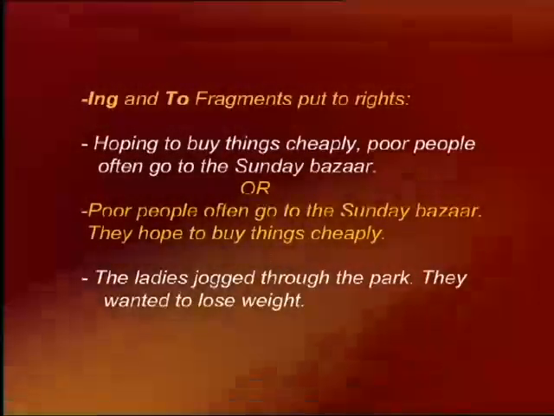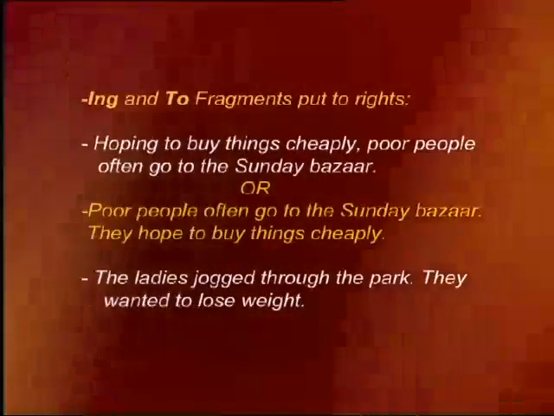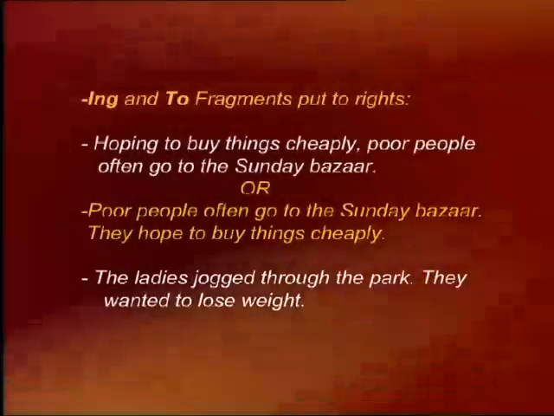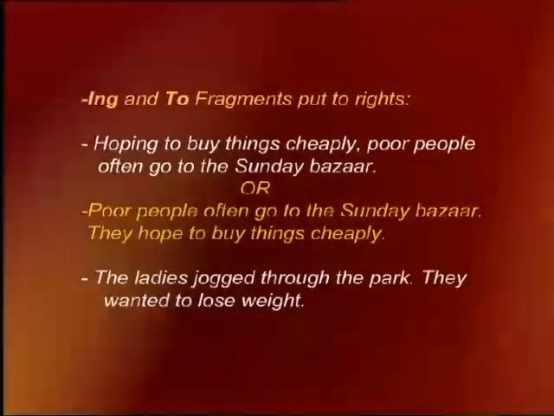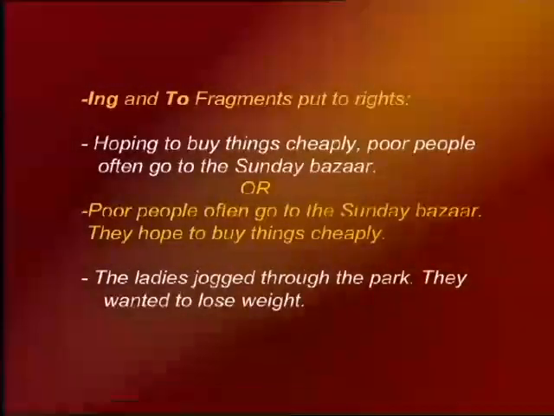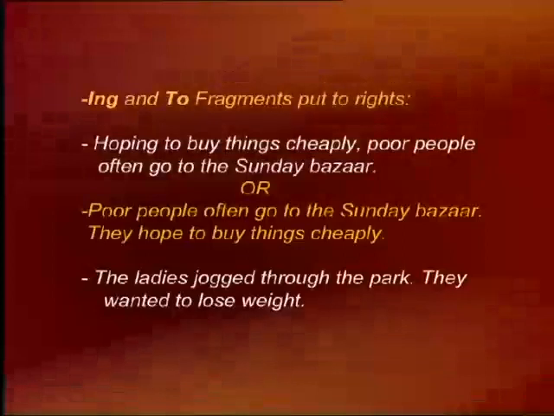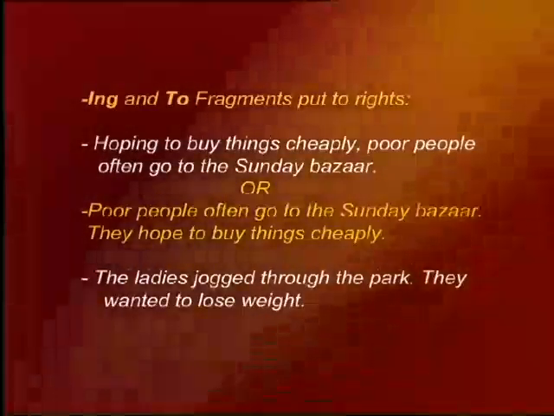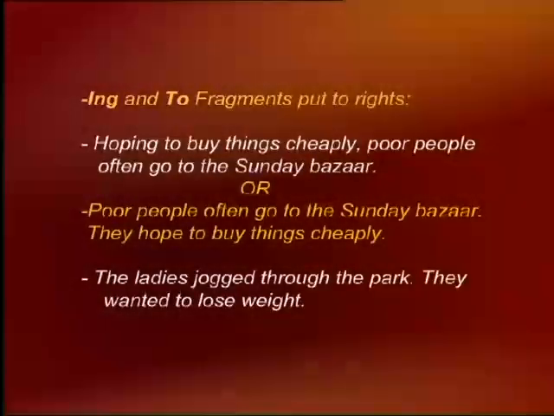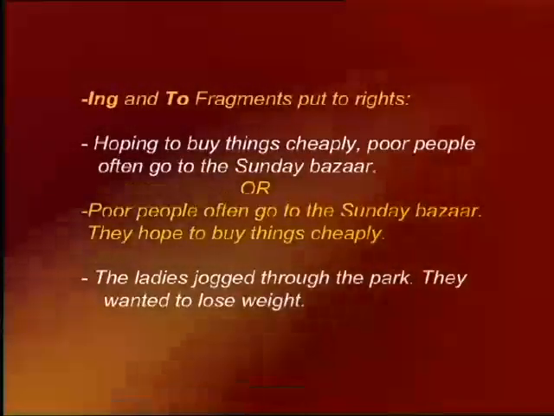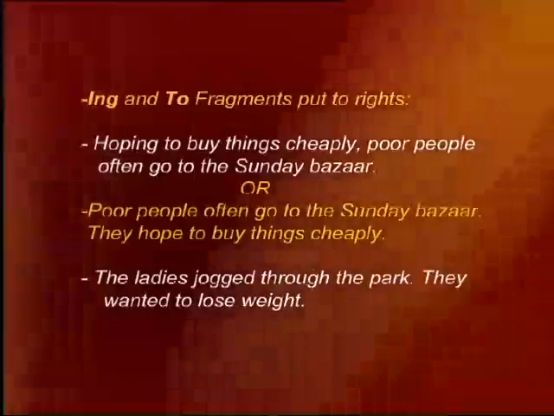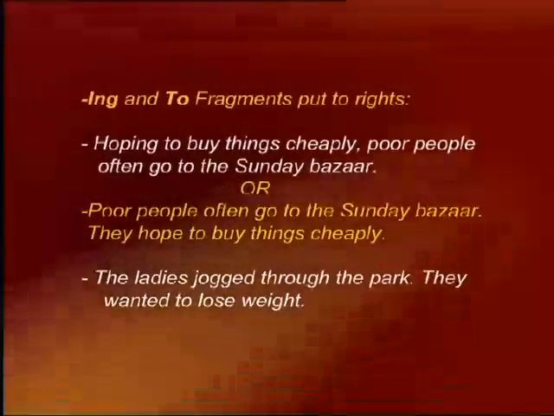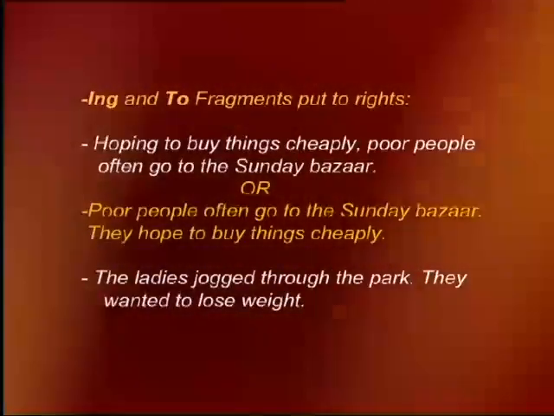There are two ways to correct the fragment. You can connect the fragment to the sentence it explains, or you can create a complete sentence by adding a subject and verb to the fragment and revise the material as necessary. Take the first example: Hoping to buy things cheaply, poor people often go to the Sunday bazaar. What have you done over here?